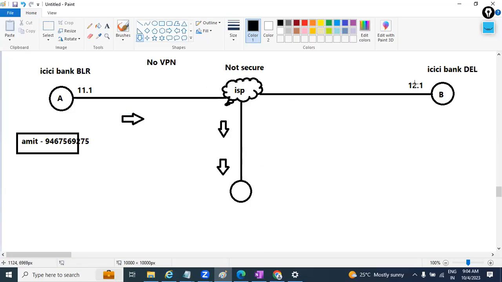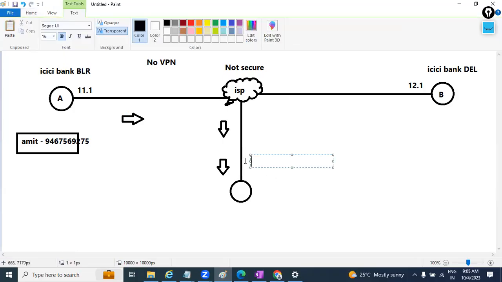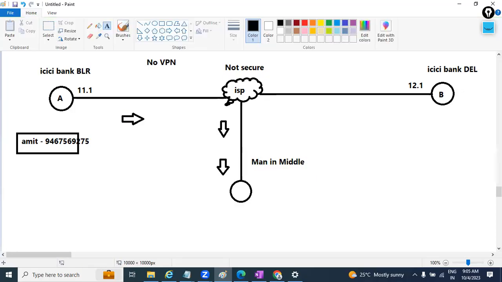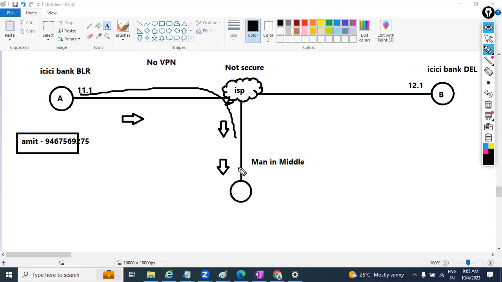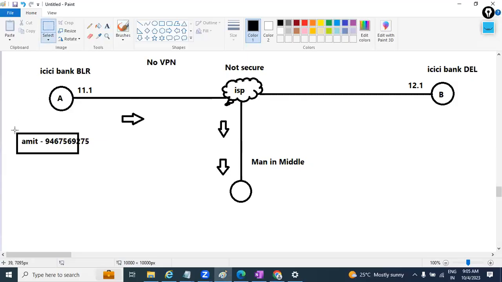Instead of going directly, this is a kind of man-in-the-middle attack. What is man in the middle? It means the data first goes to a third party, and from there the data goes to the destination. My data comes to this, and this data is in plain text here.